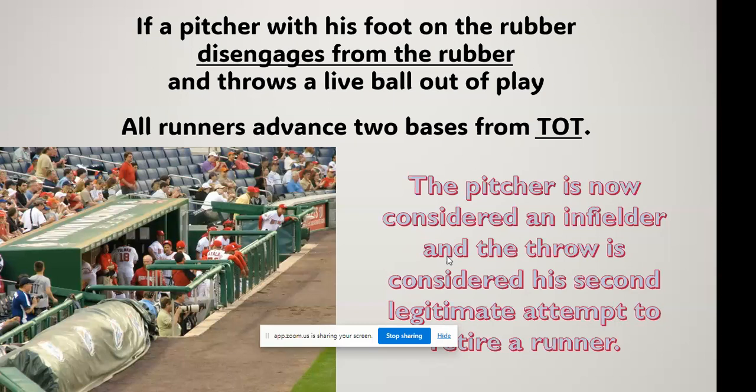As Connor said, if I give him 2 bases and my partner all of a sudden says, hey, we need to talk, and we decide, no, he didn't disengage from the rubber, I've got to bring runners back. That doesn't look good. So make sure you're together with your partner on that and that you're awarding proper bases.